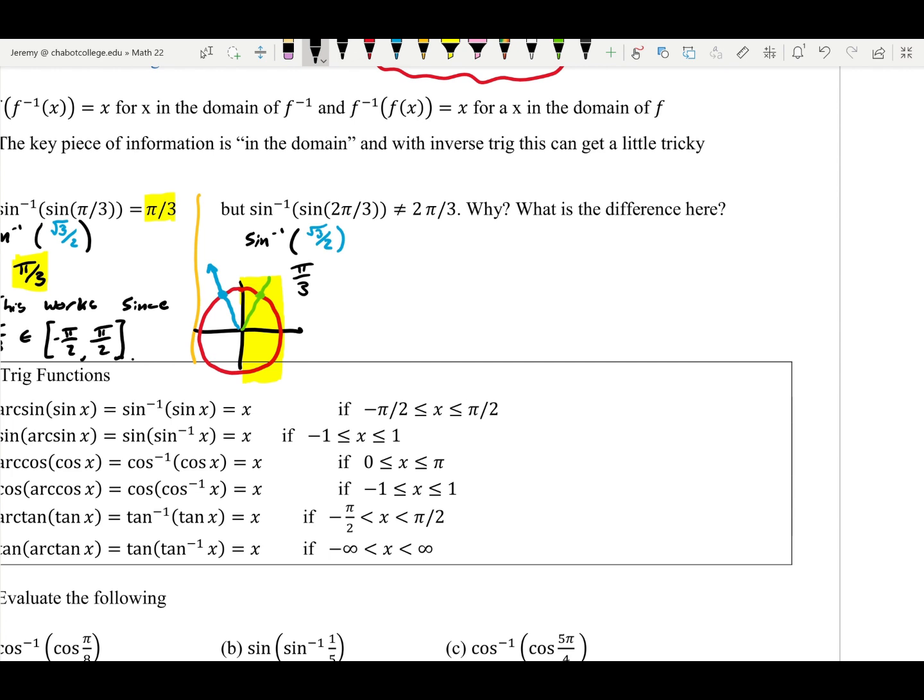Okay, so notice that this is not equal to what we might have expected just based on that basic principle of inverse functions. So I'll just put another little note over here.